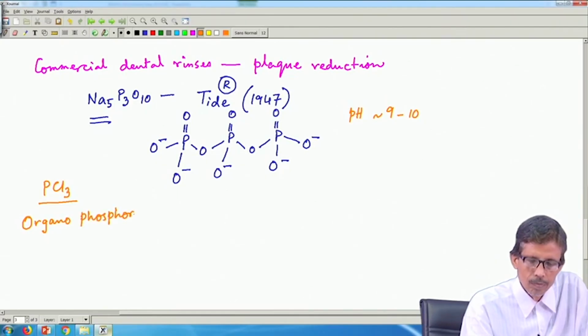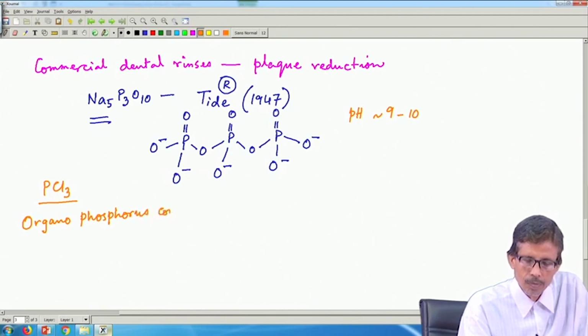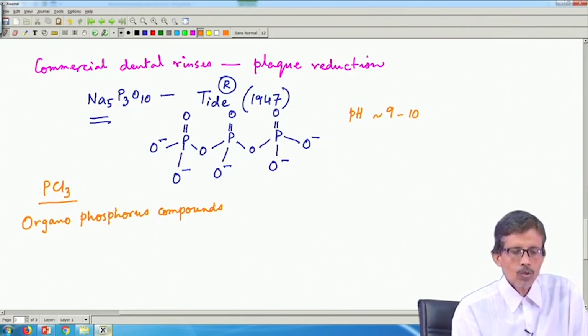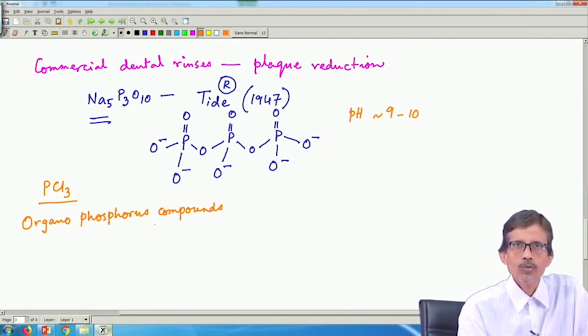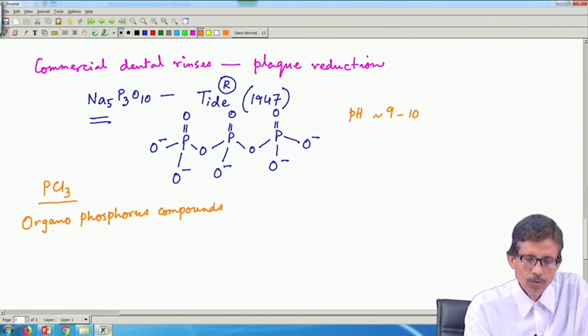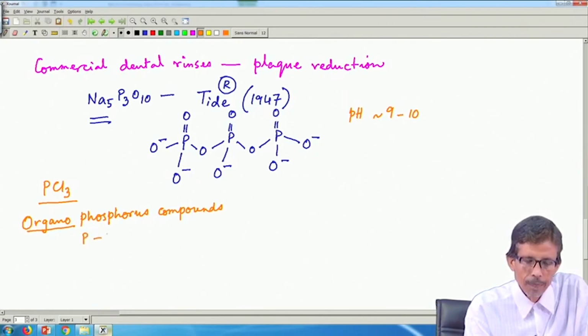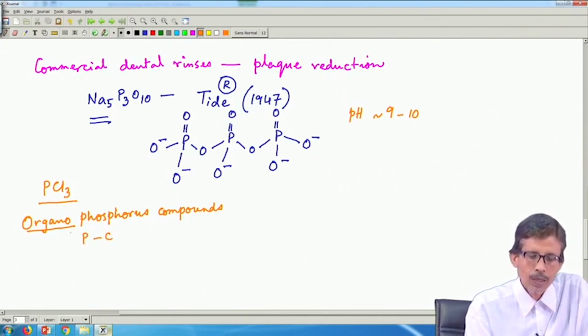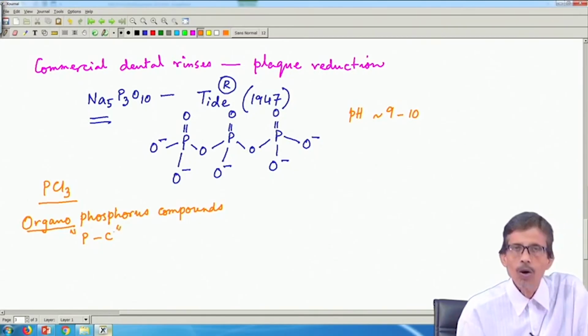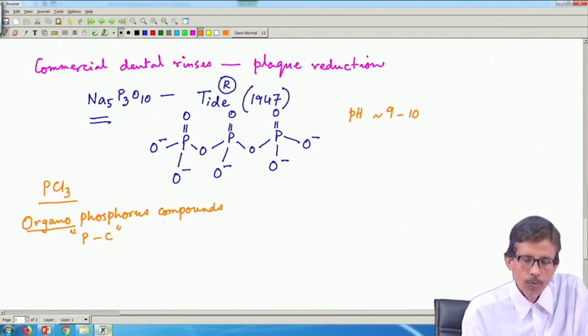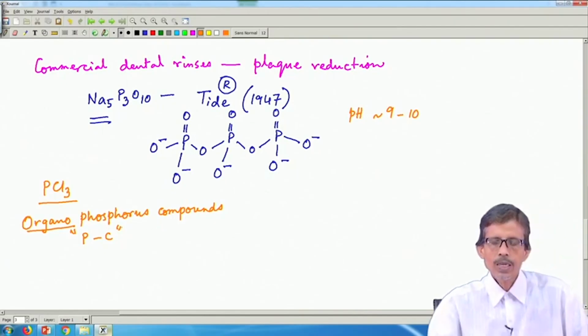These are very useful compounds. The name tells us that you can have some organic part attached, and that organic part means we have a phosphorus carbon bond.